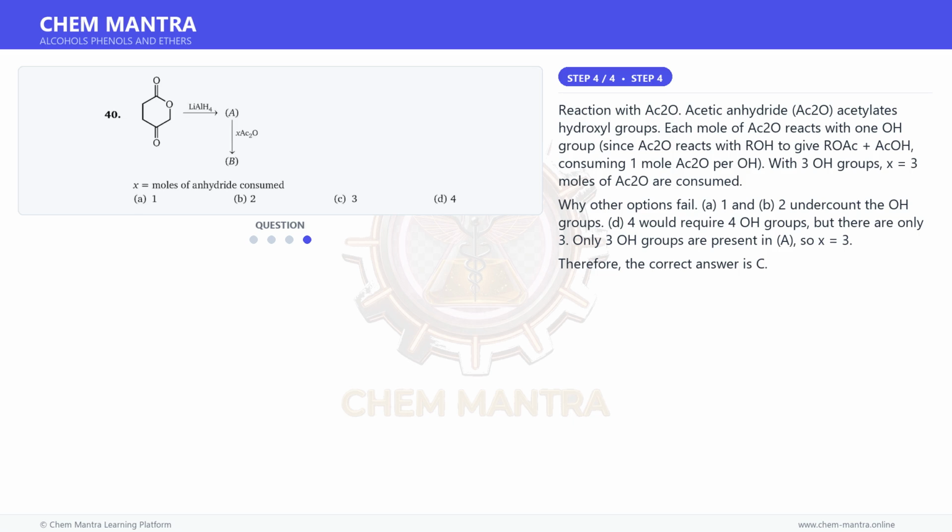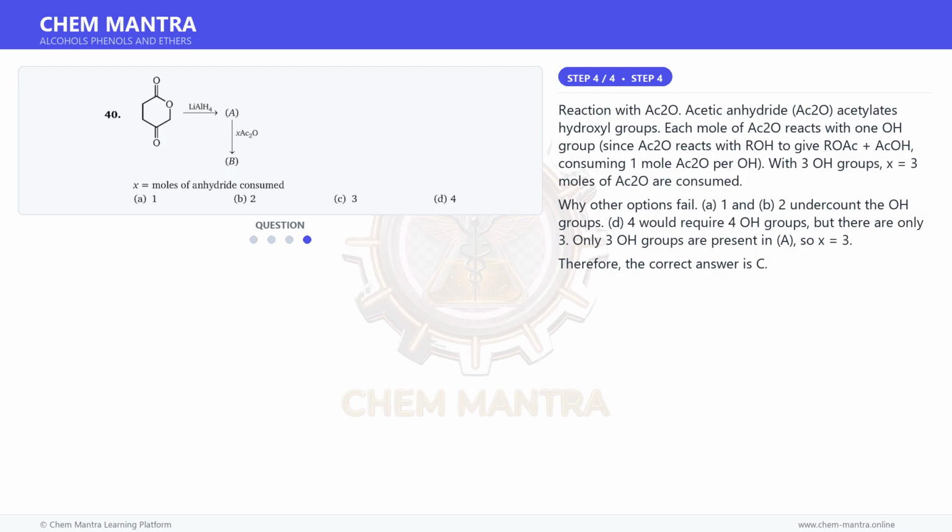Acetic anhydride, Ac2O, acetylates hydroxyl groups. Each mole of Ac2O reacts with one OH group, since Ac2O reacts with ROH to give ROAc plus AcOH, consuming 1 mole Ac2O per OH. With 3 OH groups, X = 3 moles of Ac2O are consumed.